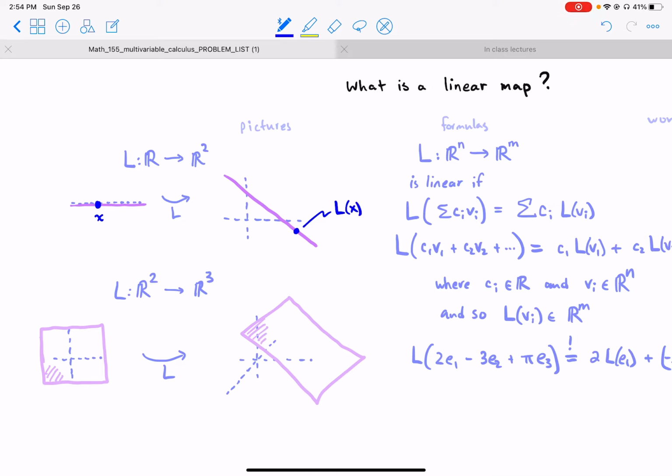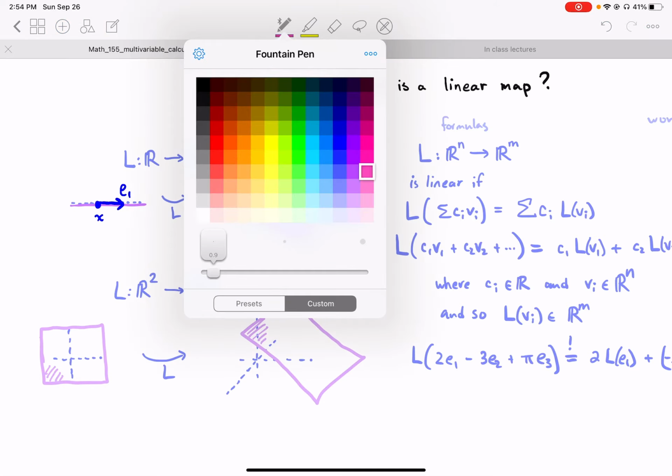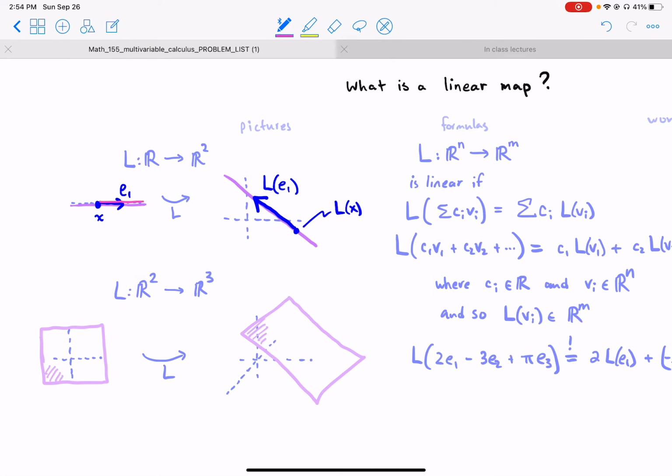L has to map x somewhere, so maybe here it is. Then look at e1. We're in a one-dimensional input space, so we just have e1. Where does it go? Let's say it goes here. It gets stretched out and pointed in that direction. This is the vector L of e1. Once I know L of e1, I know everything, because, say, I'm wondering what the linear map does to this point. It has to go to the same linear combination. In other words, it has to go to this point.